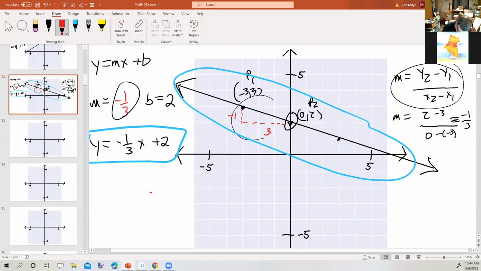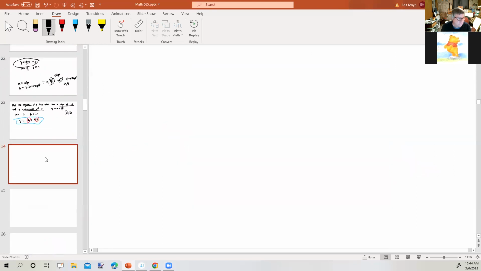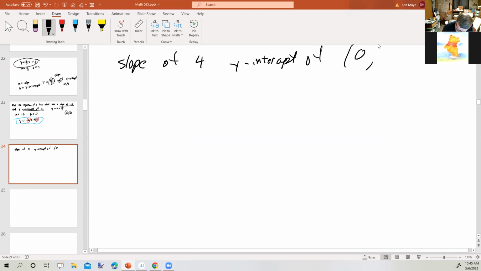Okay, let's take a look at another one that has the following information. It has a slope of 4 and a y-intercept of (0, -2/3).